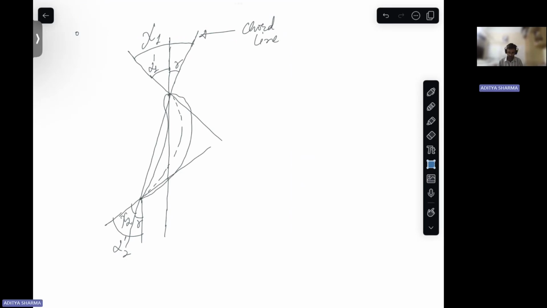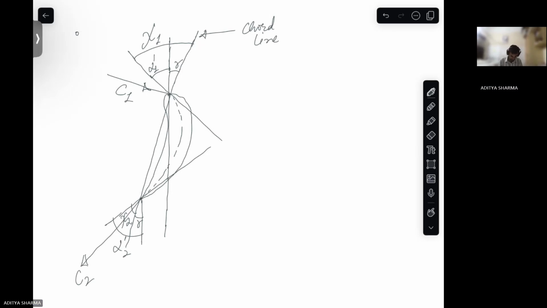So this I have here. What I'll do is I'll just draw the flow. This is C1. Let's say it is moving out in this direction, C2.